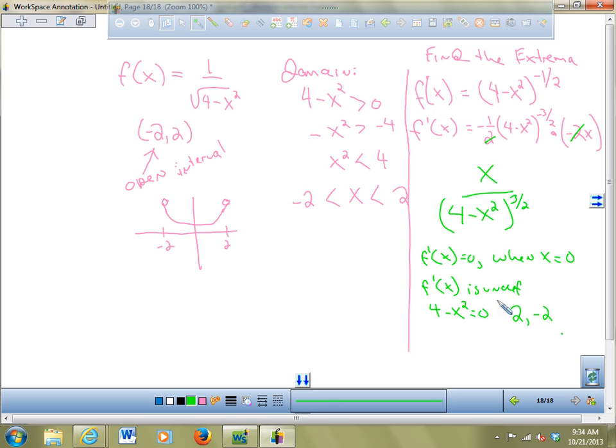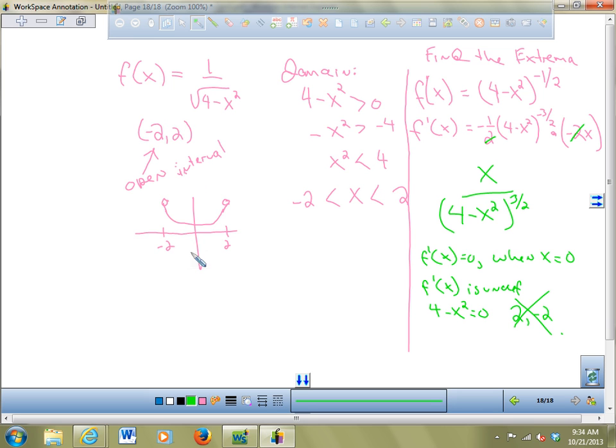So even though the derivative is undefined there, I can't have extrema there because that's not in the domain of my function. Do you understand that? Okay? So I don't have to worry about what's happening at those endpoints.